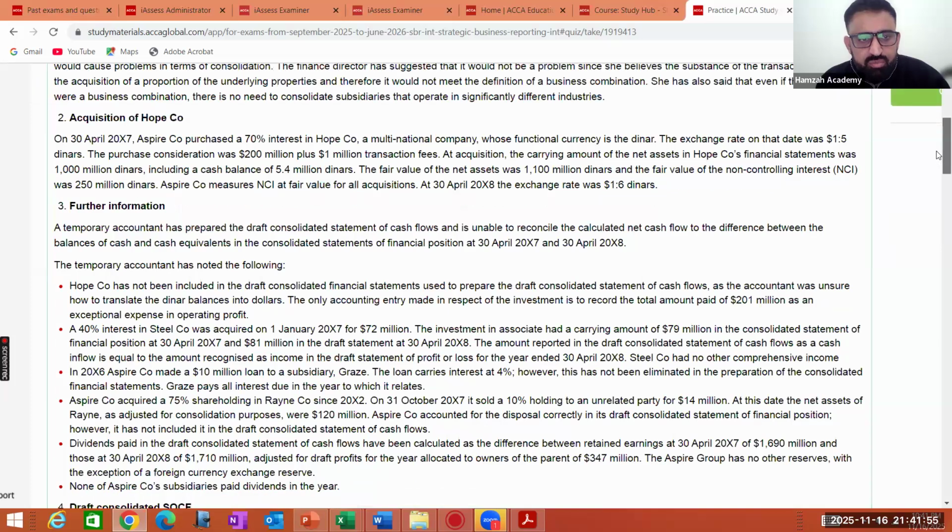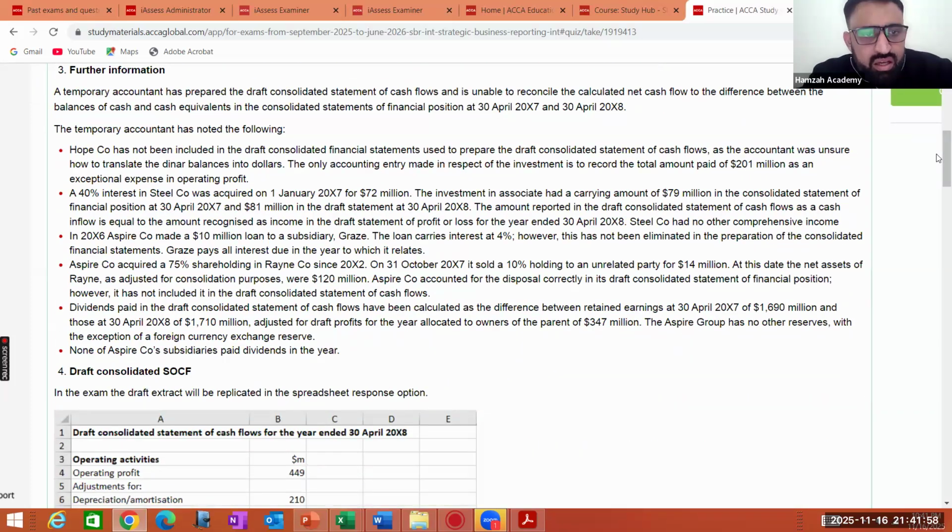Now, point number two, a 40% interest in Steel company was acquired on 1st January X7 for 72 million. It is an investment in associate which they have done on 1st January X7.